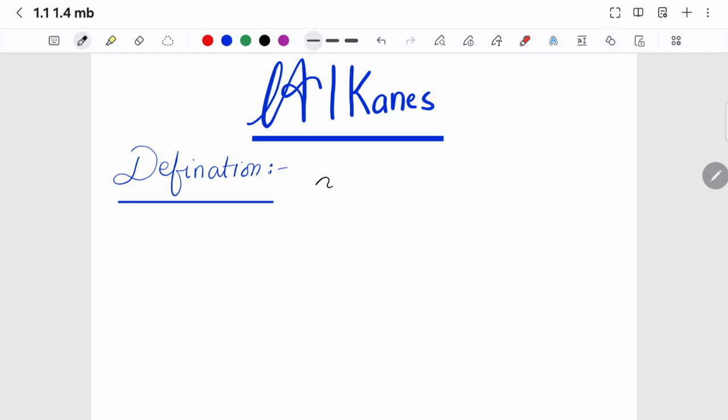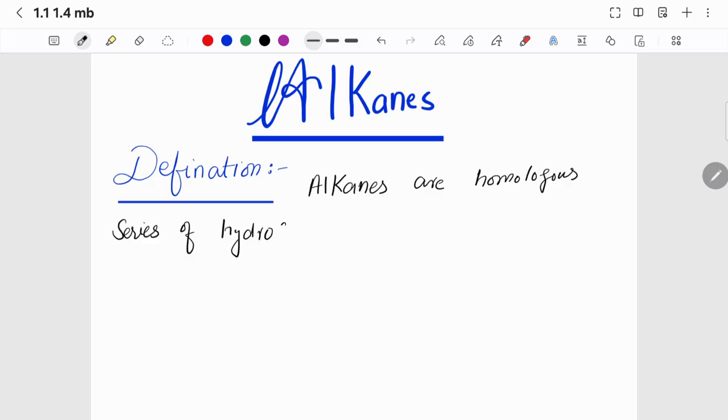Alkanes are a homologous series of hydrocarbons.